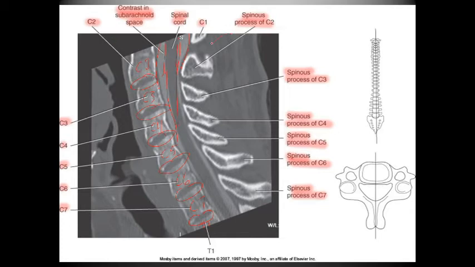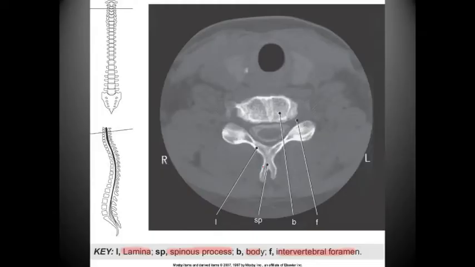Also, we have spinous processes from C2 through pretty much C7. I notice how C7 has a very elongated appearance, and that's why it makes it prominent, or as we call it, the vertebral prominence. Okay, we have contrast in subarachnoid space as well here. And so that is what we're typically seeing on the screen.